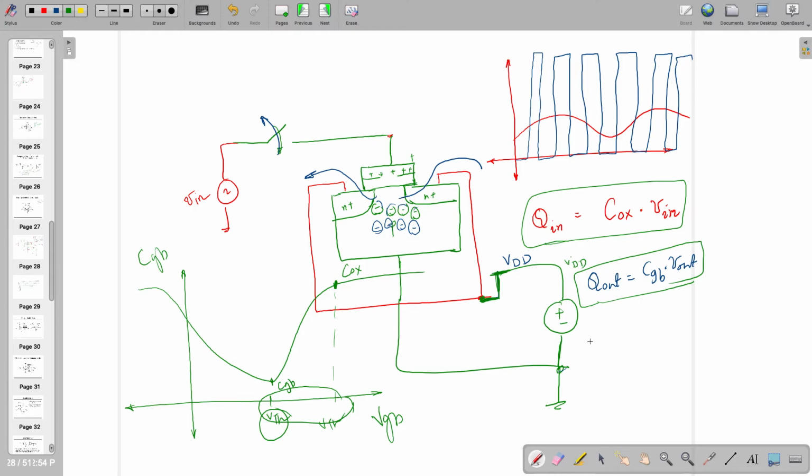When they are equal, V out by V in is equal to Cox by CGB. If you're following this, you can see that CGB is lower, so V out will be higher than V in. This is called a discrete time parametric amplifier. And the parameter is the capacitor.